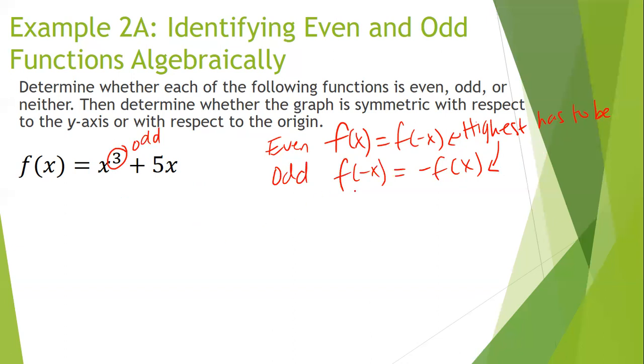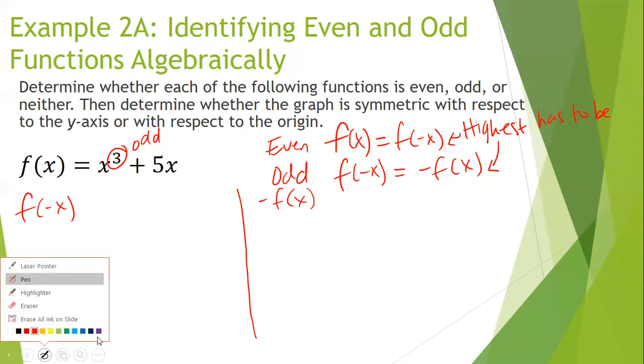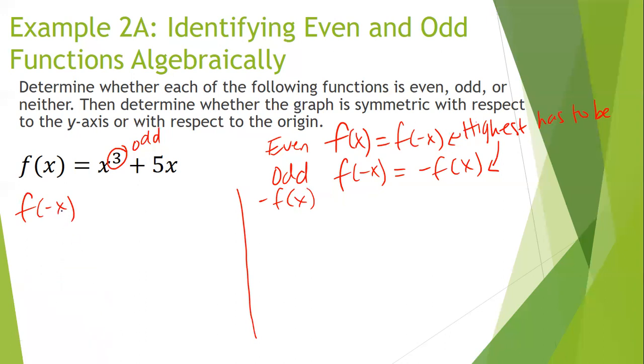Okay, so for the odd test, you're going to find f of negative x, and you're going to find negative f of x. Do you see how this is tying into stuff that we've already done? I hope so. Operations on functions taking place here. So I'm going to substitute in a negative x into this. So this gives me negative x to the third plus 5 times negative x.